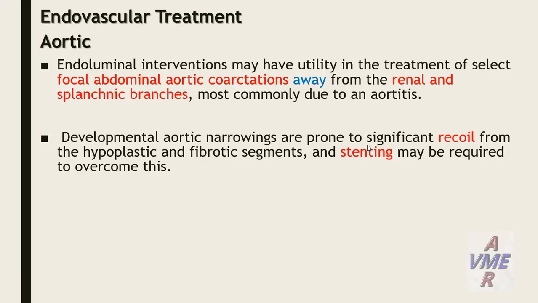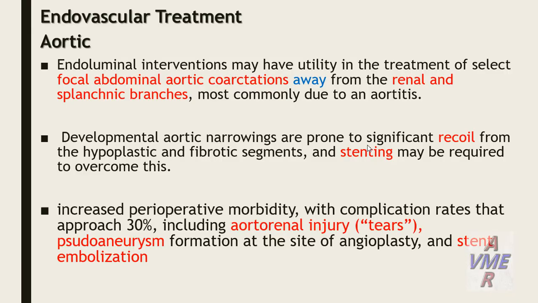Developmental aortic narrowing is prone to significant recoil from the hypoplastic and fibrotic segment, and stenting may be required to overcome this. We have increased perioperative morbidity with a complication rate that approaches 30%: complications of aortorenal tear and rupture, stent embolization, and local complications at the site of the angioplasty, such as pseudoaneurysm formation.